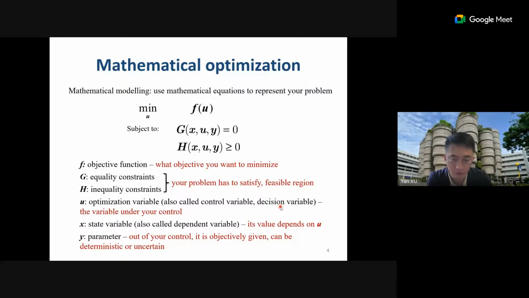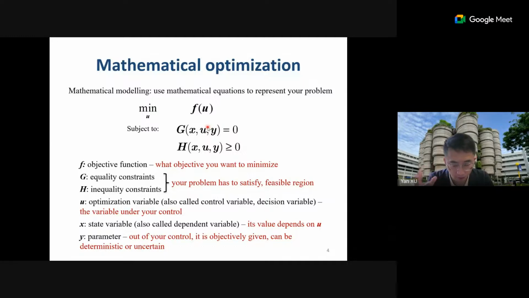It's also called the decision variable because we are actually making decisions on u to minimize the objective. And x is called a state variable, which is usually also called a dependent variable. So that means the value of x will depend on u.